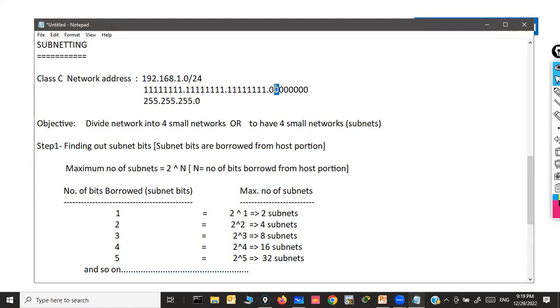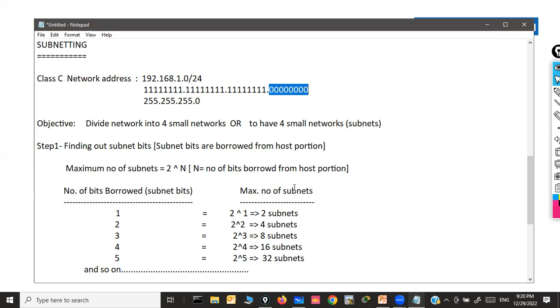And if 2 bits are used for subnet, then the remaining 6 bits will represent the host bits or host portion, because we are basically taking subnet bits from the host portion only, right?